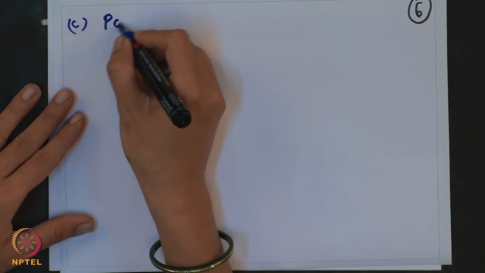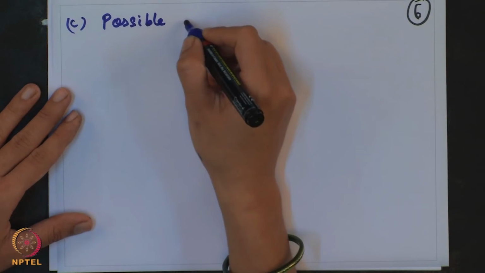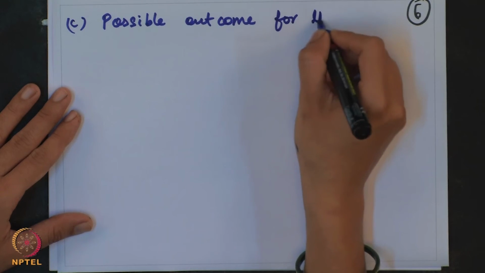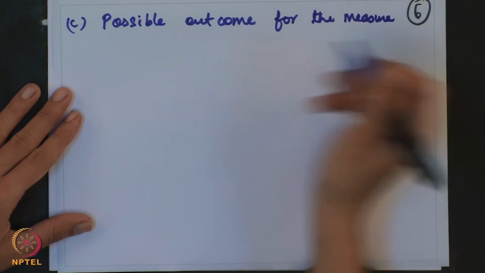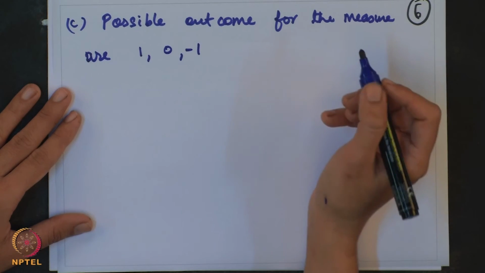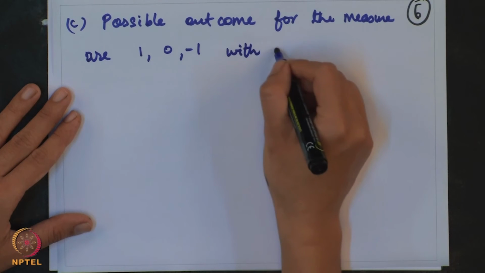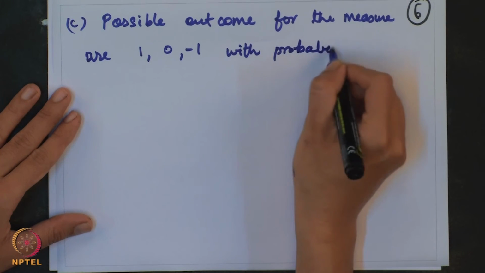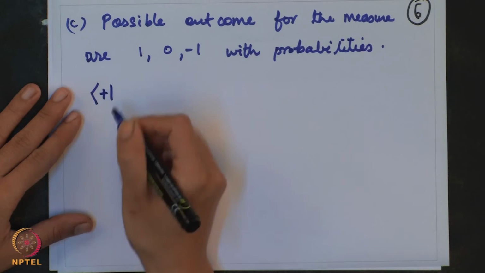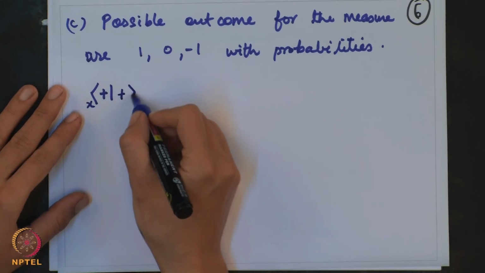The possible outcomes for the measurement are 1, 0, minus 1, with certain probabilities.